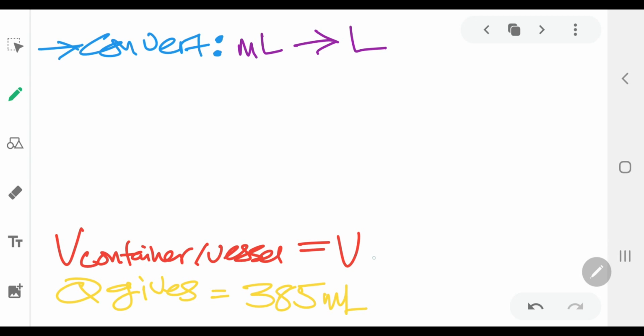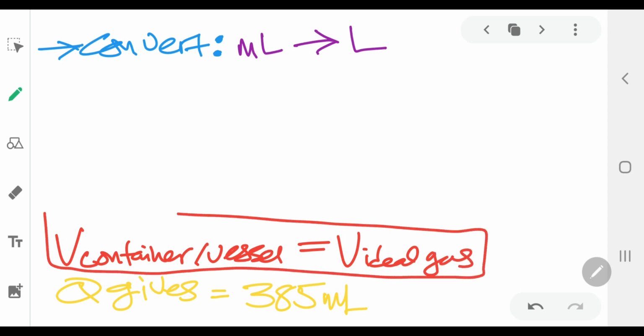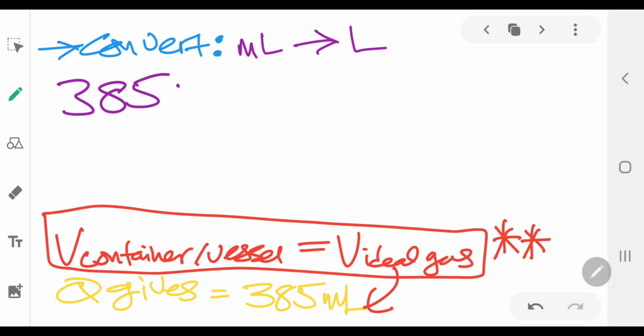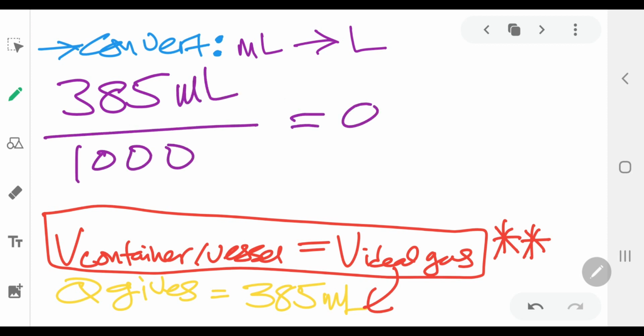In this case, we have the hydride. Okay, so remember this. This is a very important principle you need to know. Therefore, that is the volume of your ideal gas, the hydride. So you have 385 milliliter divided by 1000, you get 0.385 liter.